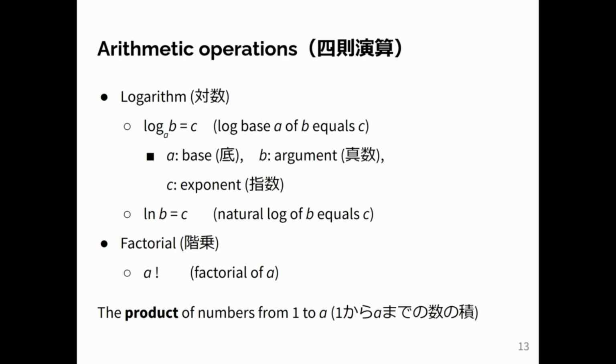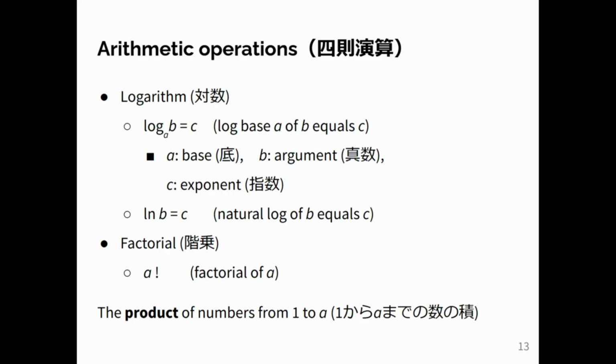And here is a logarithm, 対数. 対数 is called logarithm. Let's see, log A, B equals C is usually said in Japanese. And this is said in English as log base A of B equals C. And here, A is called the base, B is called the argument, and C is called the exponent.